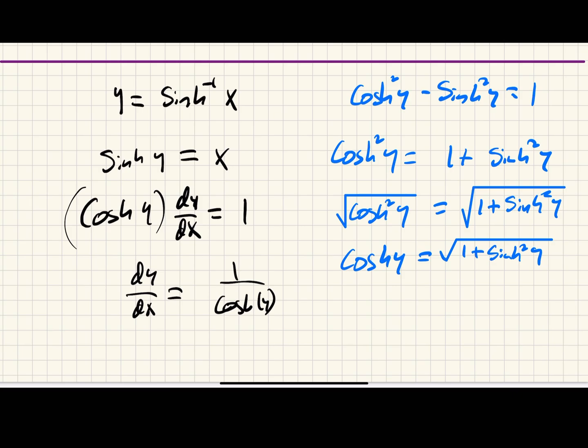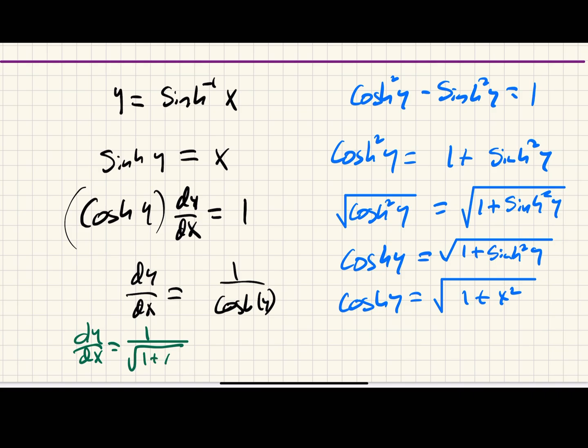So wouldn't hyperbolic cosine of y then be equal to the square root of 1 plus x squared? And then doesn't that mean that this derivative would be equal to 1 over the square root of 1 plus x squared?